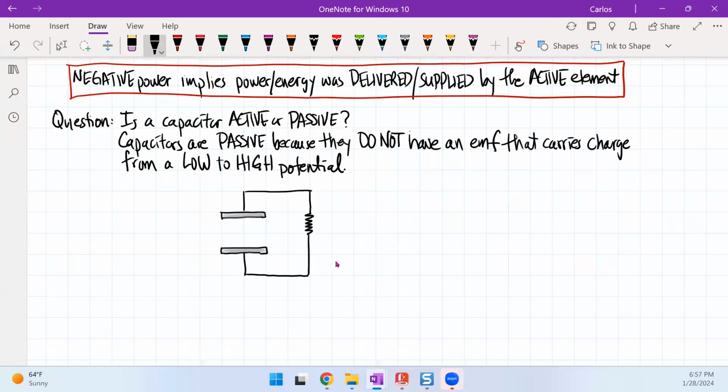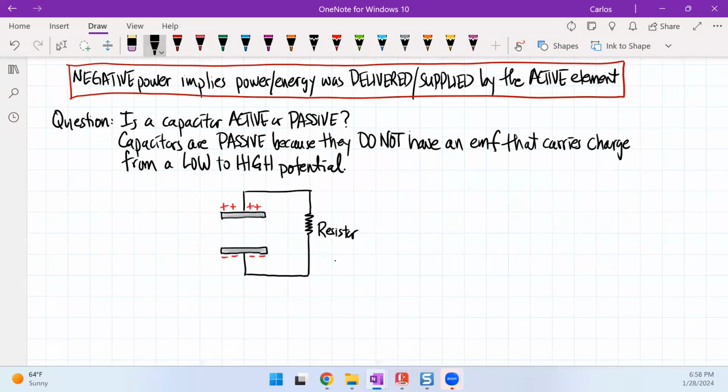I have positive charge here, and this is negative.